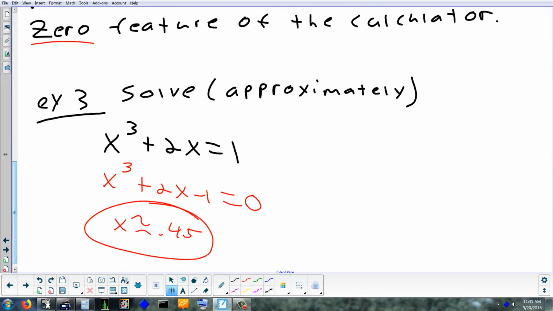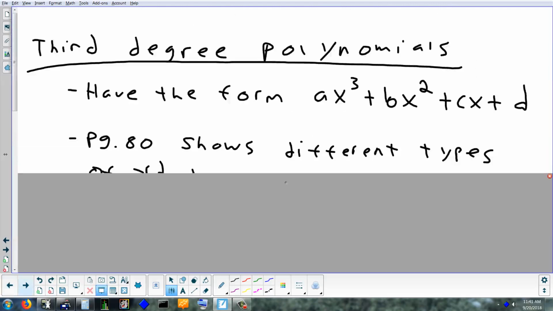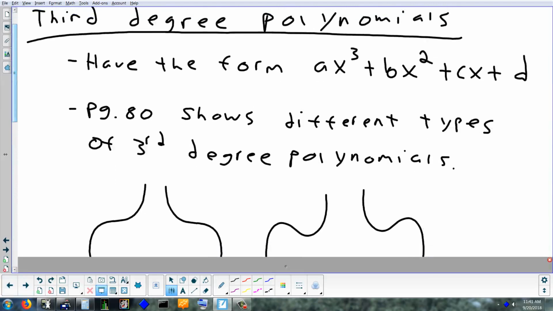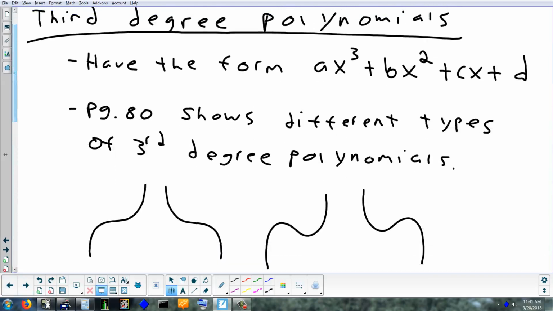This one had cubed, 0x squared, didn't have the x squared, has a linear, has a constant. So that's missing the squared term, but that's okay. Page 80 shows you the different kinds of cubics you can have, but I'm pretty much showing you them right here. So the basic behavior is they go up forever, they go down forever.